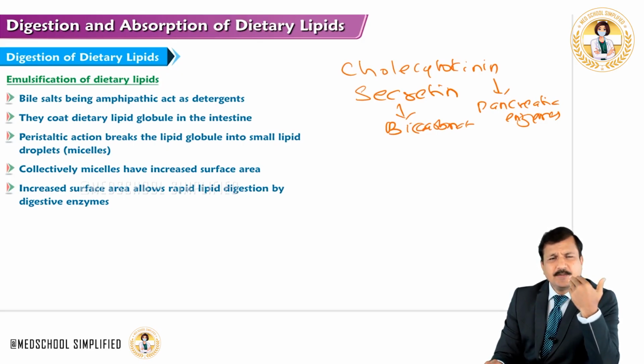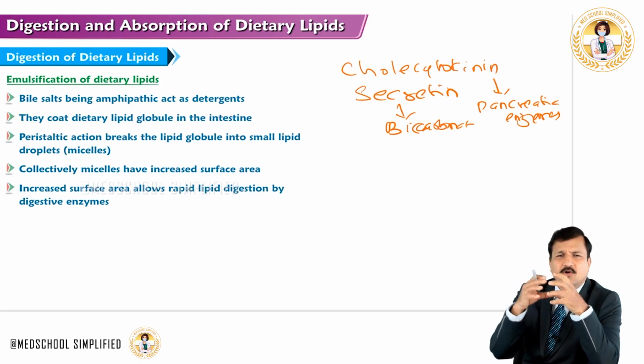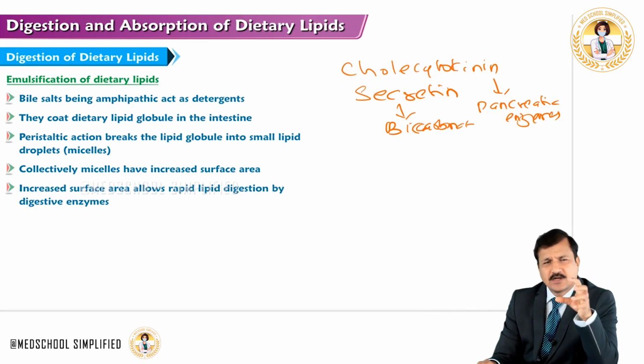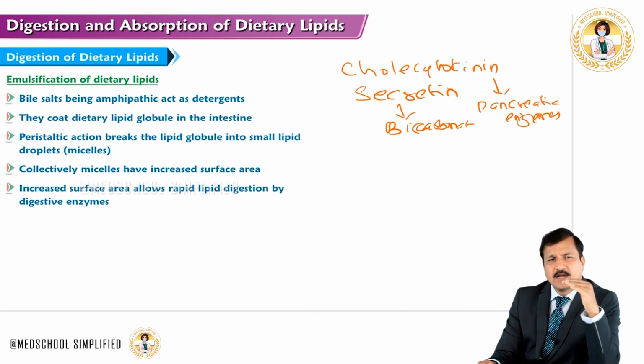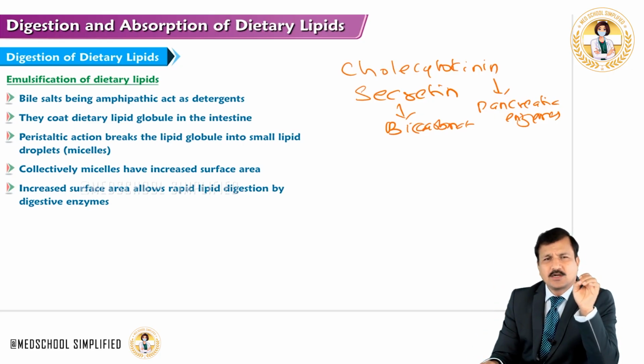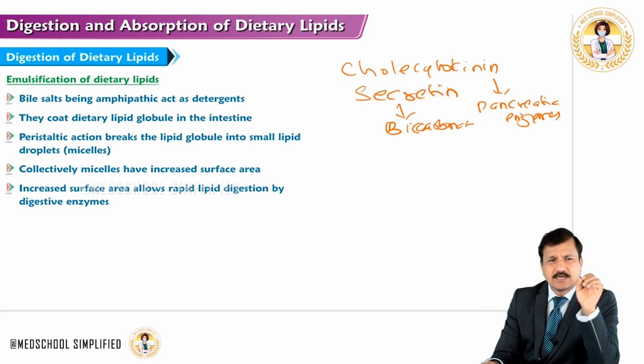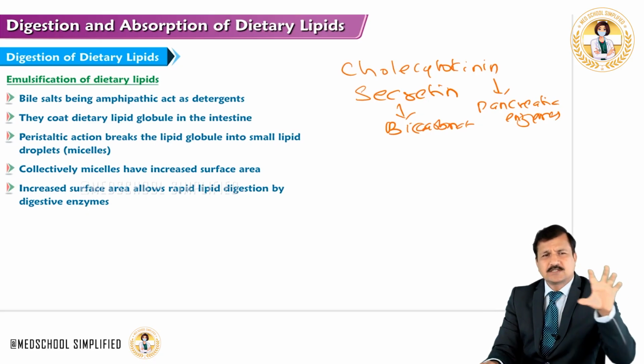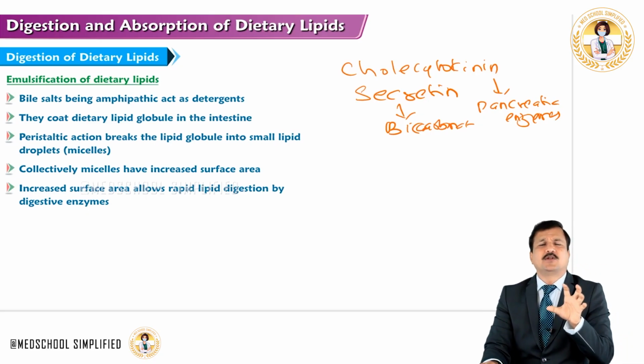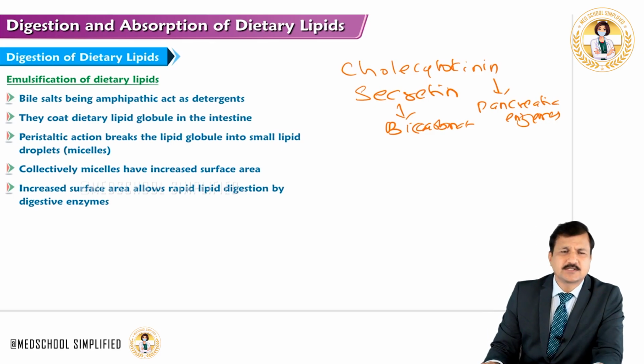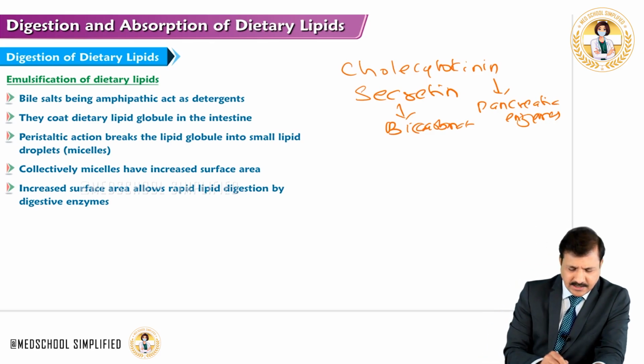The deprotonated form of these bile acids will retain that amphipathic character and will bind with the lipids on their hydrophobic side, and their hydrophilic side will be towards the water environment in the intestine.